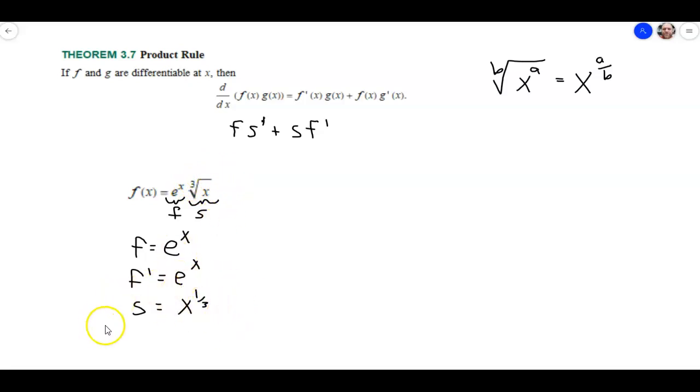And then the derivative of this, which is going to be a little bit trickier, is going to be, pull the 1/3 out front, 1/3 x to the, and then you subtract 1 from 1/3, so that gives you negative 2/3. Because 1/3 minus 1 is negative 2/3.